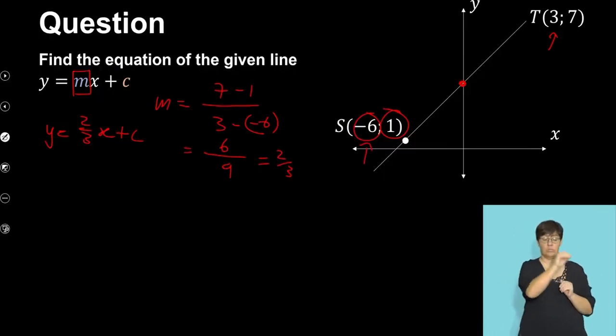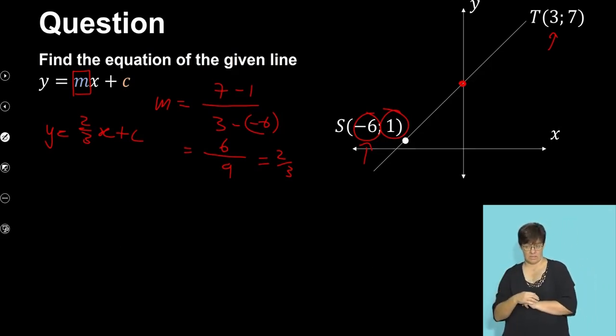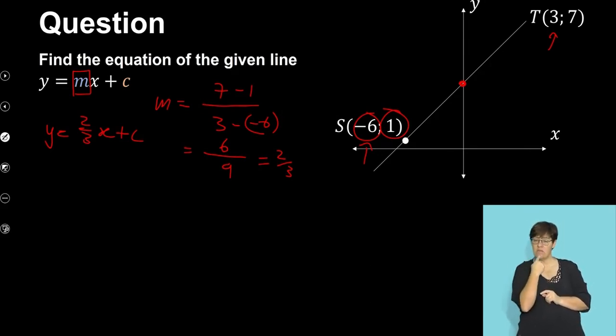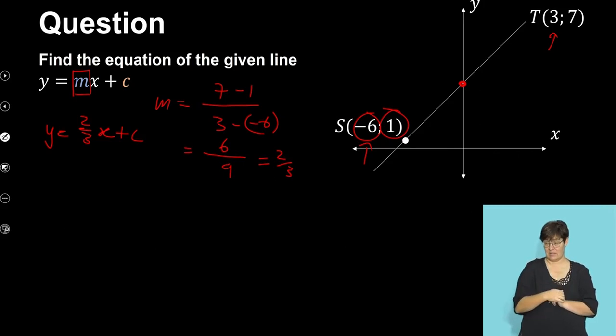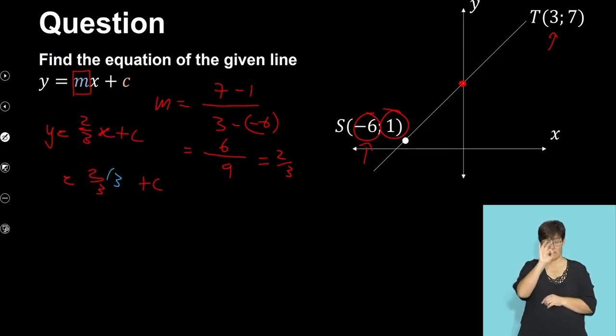And so if I put 3 in here, if c is equal to 100, the answer is not going to be equal to 7. And so what I can do is I can put in 3. So let's do that. I'm going to put 3 into x, and I'm going to get out 7.